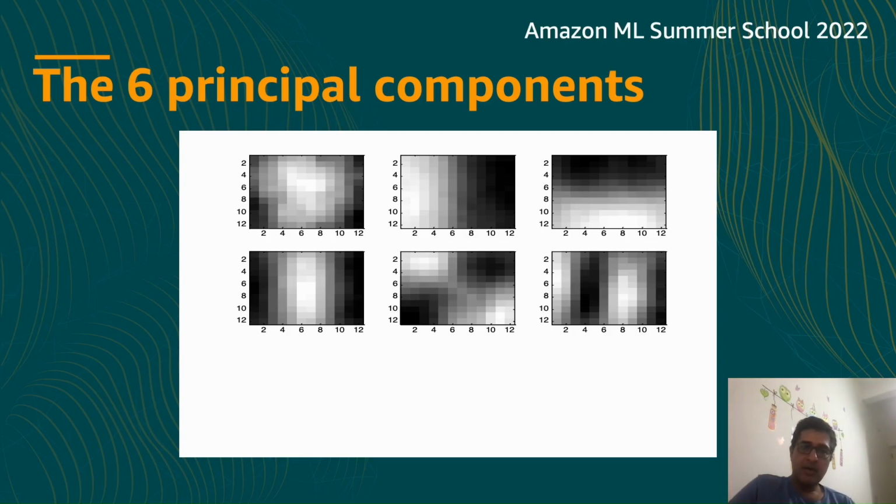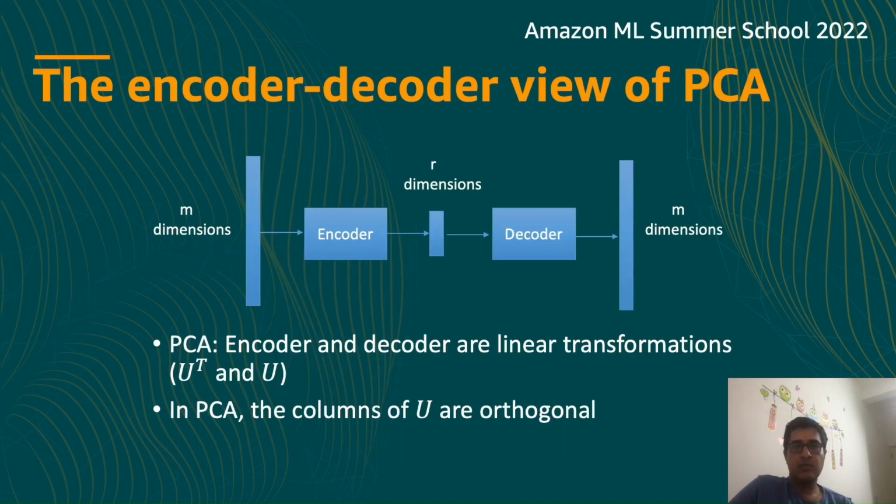Okay. Now there is a more, I would say, modern view of principal component analysis, which is the encoder-decoder view of PCA. The encoder-decoder view of PCA is quite important in the current state of the art for machine learning, because autoencoders or the encoder-decoder architecture as such is used everywhere.